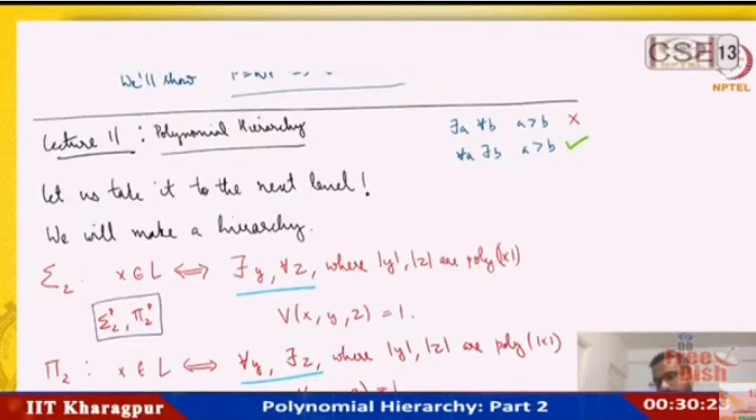Or, if you see it as a two-player game, in case 1 I have to pick an a such that for all b it works, and in case 2 the choice of b happens after a. This is why the first statement is false and the second statement is true.